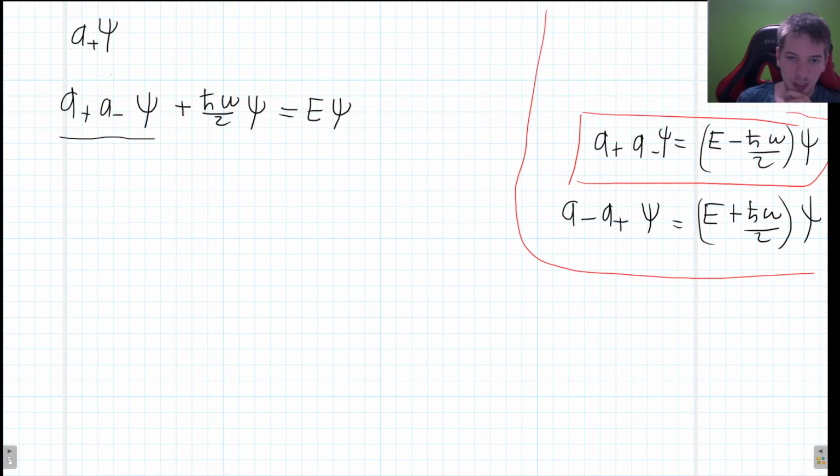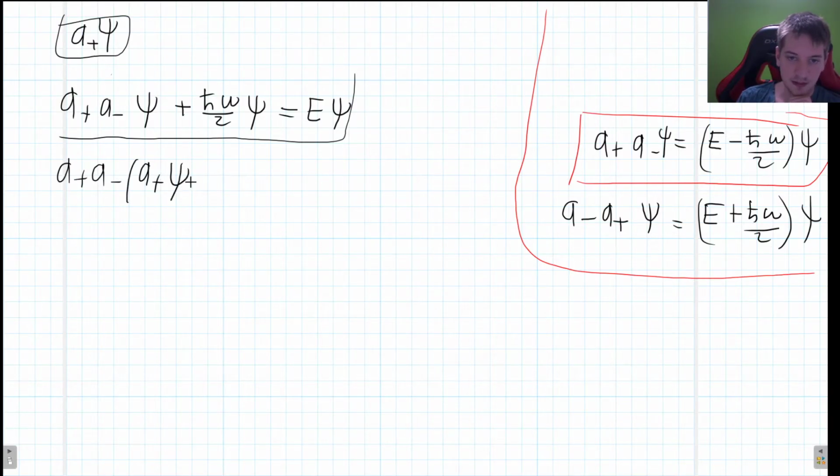So what I claimed is that if this psi is a solution, then this A plus times psi is also a solution. So let us check that and let us see what happens to its energy. So instead of psi, I'm going to write A plus times psi. And we want to see if it works. As I said, this is just a method that uses these clever tricks, so this better work somehow.